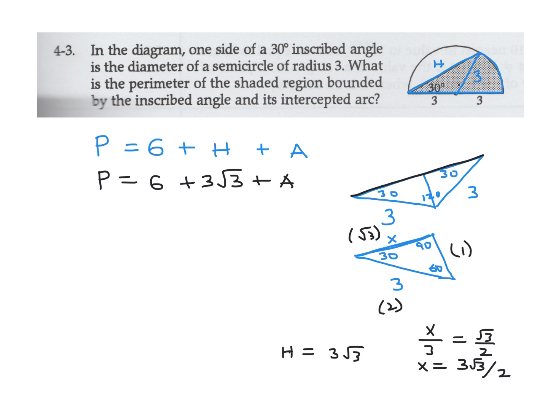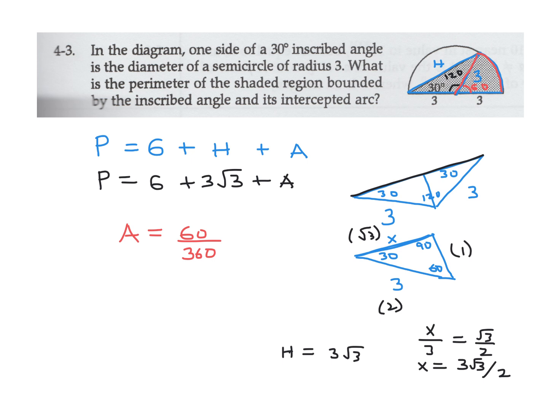Well, we had calculated that that angle was 120. So if that's 120, then this angle in here has to be 180 minus 120, which is 60 degrees. So that means this arc represents 60 degrees of the total, which would be 360. So that arc would be 60 over 360, the ratio of the full circumference.